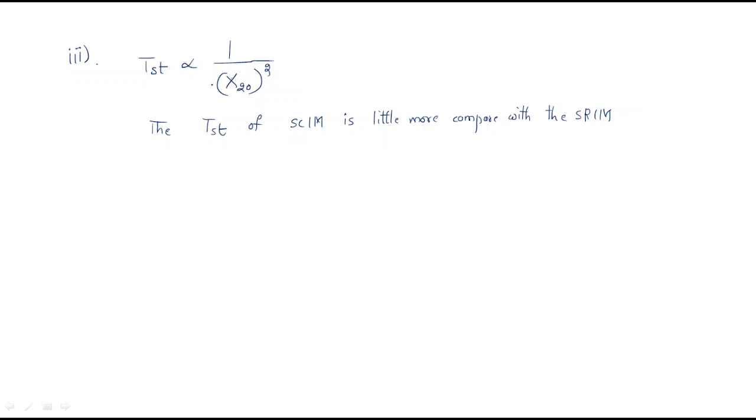That's why the starting torque is a little more without additional resistance. For example, we have a slip ring induction motor that doesn't have additional resistances. That point is important: without additional resistances in the rotor circuit.